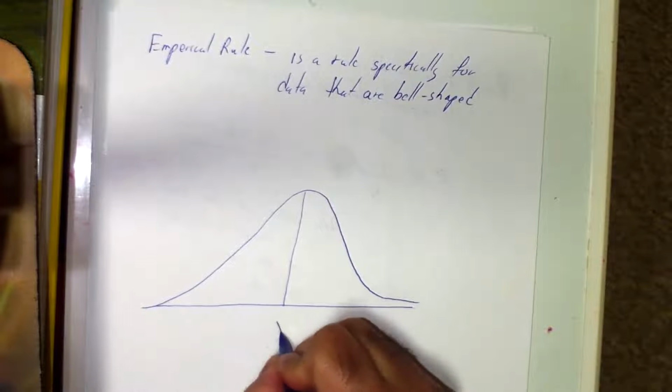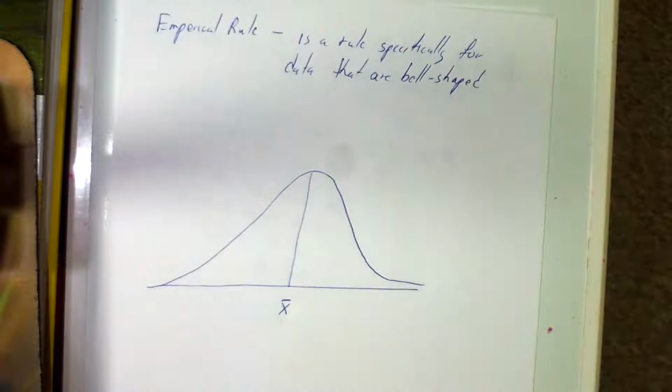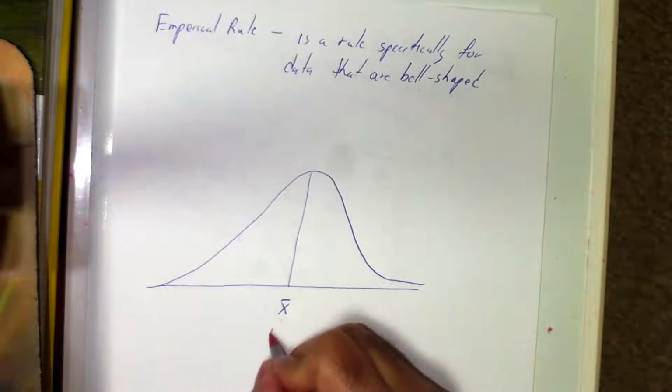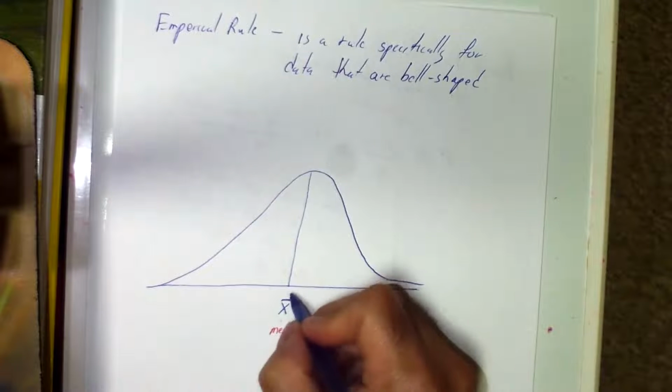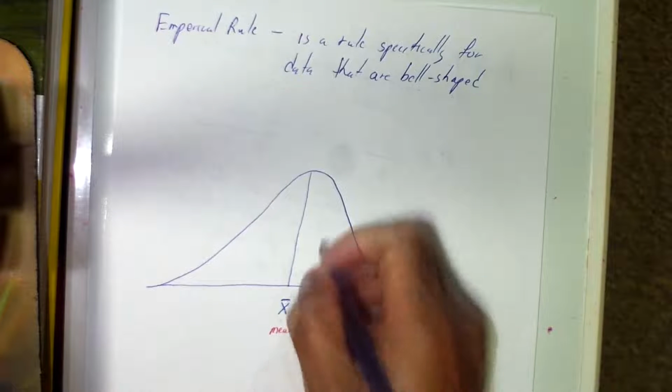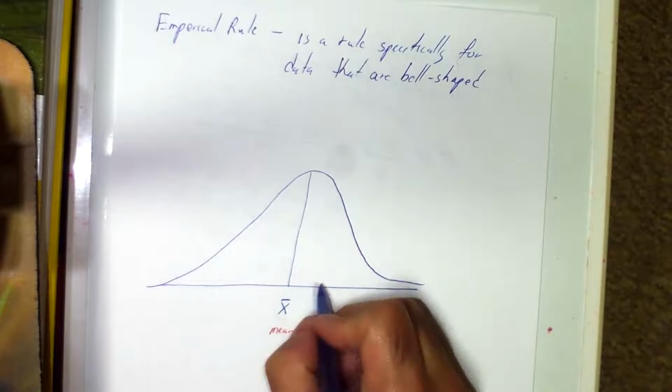It was x bar, right? So this is your mean, and if the mean is there and this graph is symmetrical, that means the distance from one point there is symmetrical to the other one.